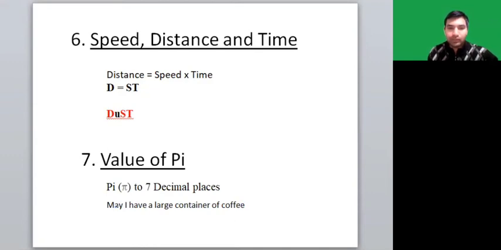Like "may" has 3, so 3.14. Now there is one more mnemonic: 14th March, there is a pi day. March is the third month, 14th day, and the time is 1:59 p.m. So for 5 decimal places, you can use this mnemonic, that is the pi day.